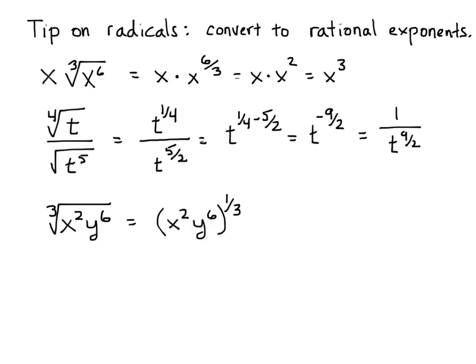Okay, so here's one, the cube root of x squared y to the 6th. And so we convert the cube root to 1/3, and now we're going to apply that 1/3 to both the 2 and the 6, and so we get x to the 2/3, y to the 6/3, and of course reduce your fractions here, so you have x to the 2/3, y squared.